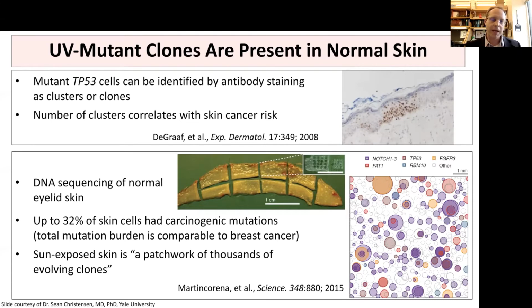So this subclinical photodamaged skin is actually a sun-exposed patchwork of thousands of evolving clones. That's what's illustrated here on the right in these colorful bubbles. We see these genes at the top: P53 and some Notch genes are critical players in this. But think of photodamaged skin as a patchwork of thousands of evolving clones.